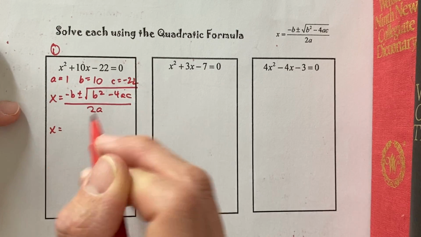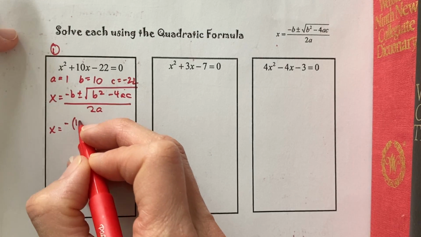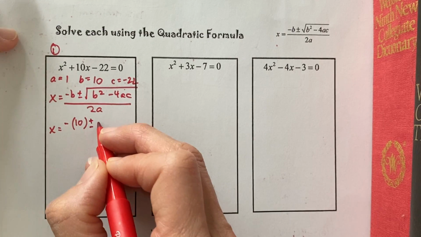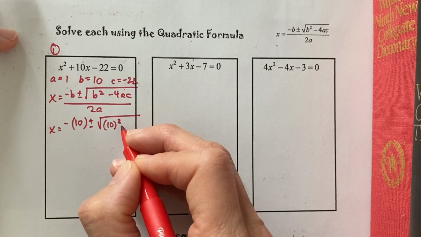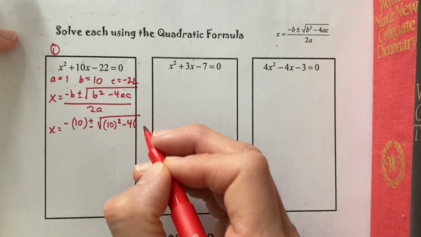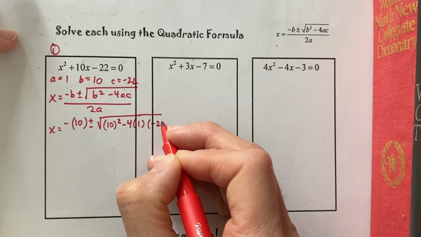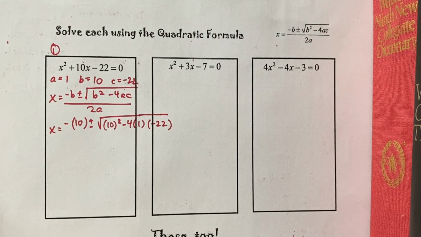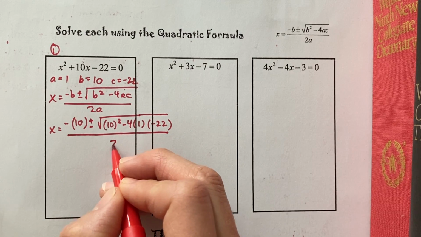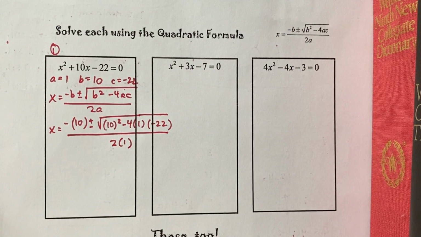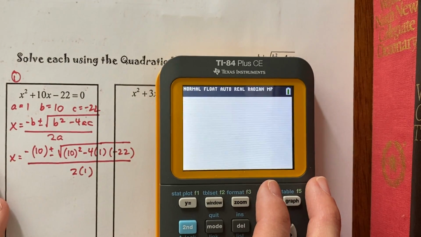So X equals the opposite of B, which we decided was 10, plus or minus the square root of 10 squared minus 4 times A, which is 1, times C, which is negative 22, over 2 times 1. All right, let's try to put all that in our calculator.